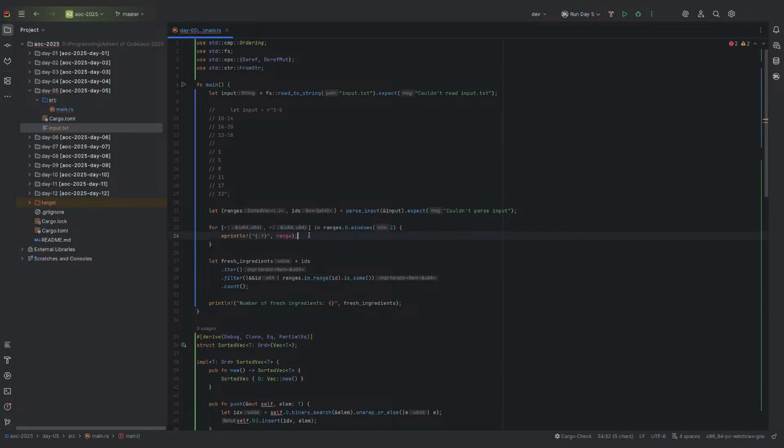That works. I can insert. The higher bound of R1 is less than the lower bound of R2. That should always be true.